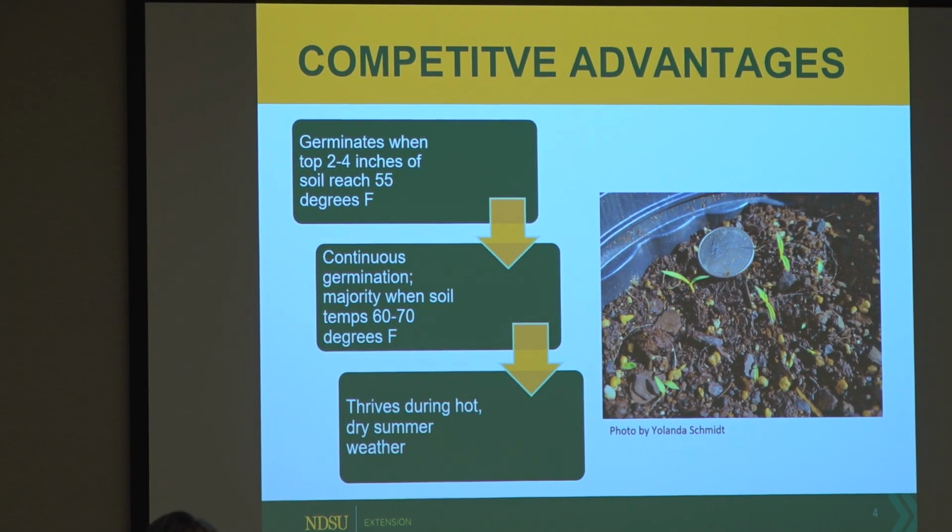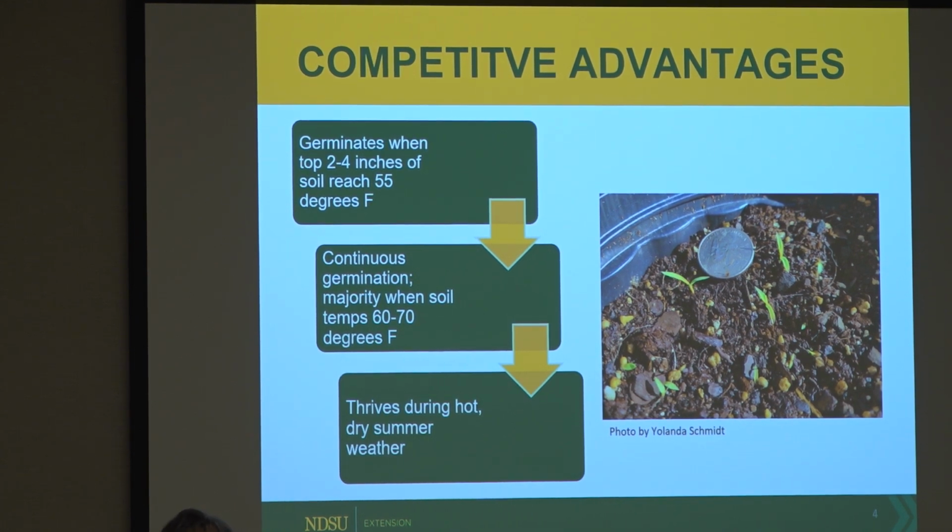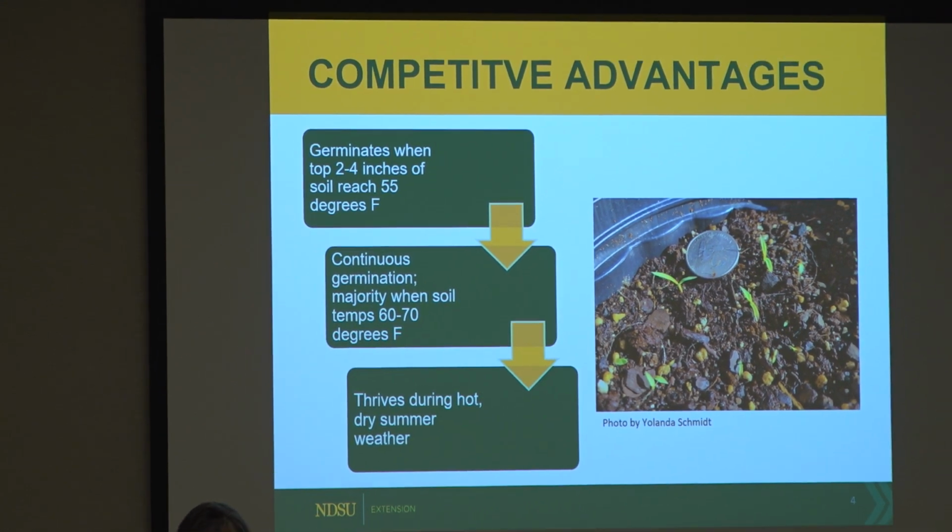And as for the established plants, it thrives during midsummer. It likes the heat and the drought and does really well when our Kentucky bluegrass is really languishing. So unfortunately, crabgrass really has some advantages over our turf grasses.